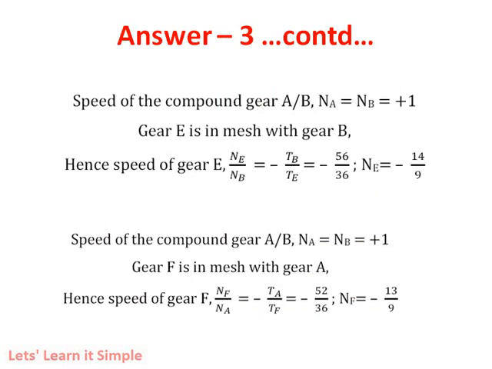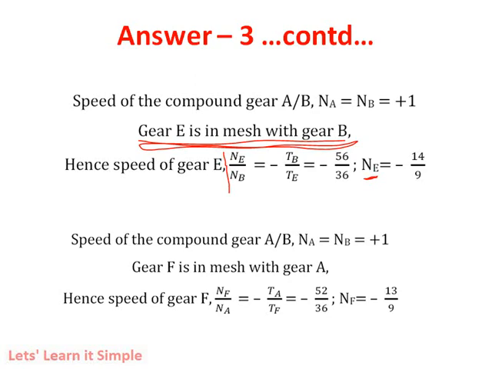Next, I need to get the speed of gear E. Now we know the speed of gear E because gear E is in mesh with gear B. Gear E is in mesh with gear B. Therefore, I have written the speed of gear E in terms of gear B, that is NE by NB is equal to minus TB by TE.